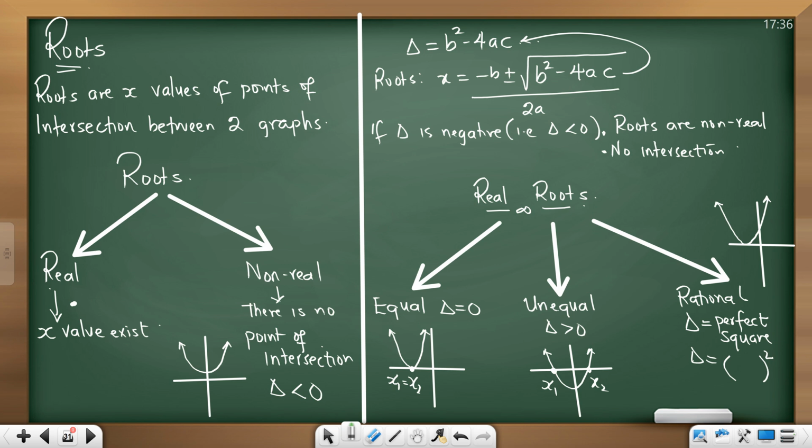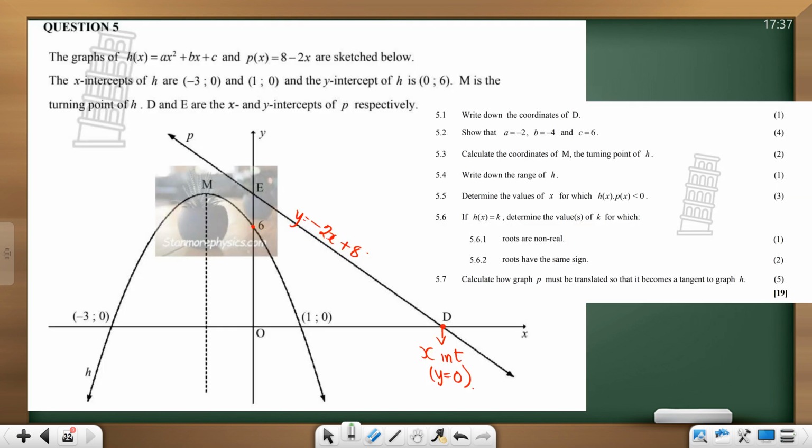Okay, we need to answer this question now. So that was just a quick note on roots. All right, let's answer this now.